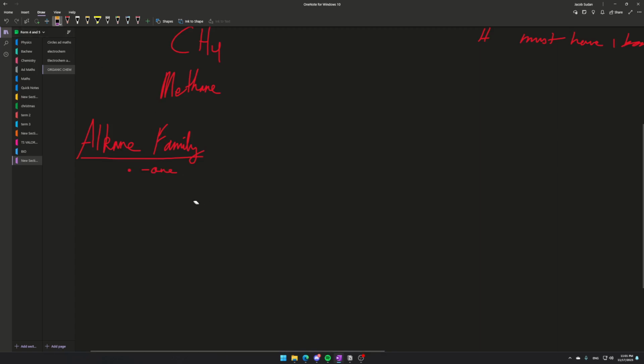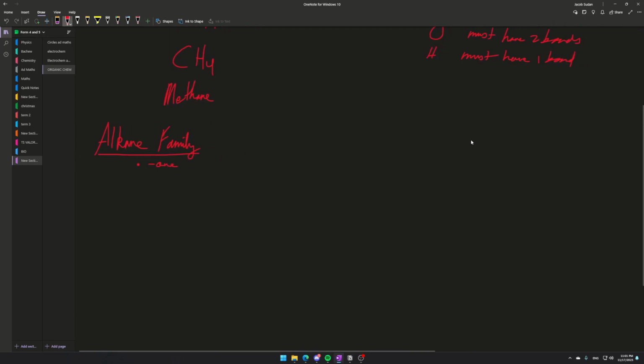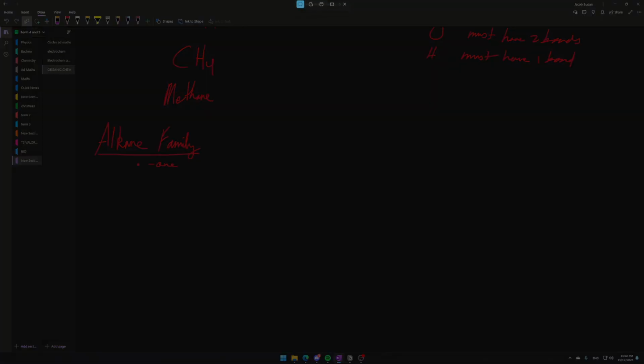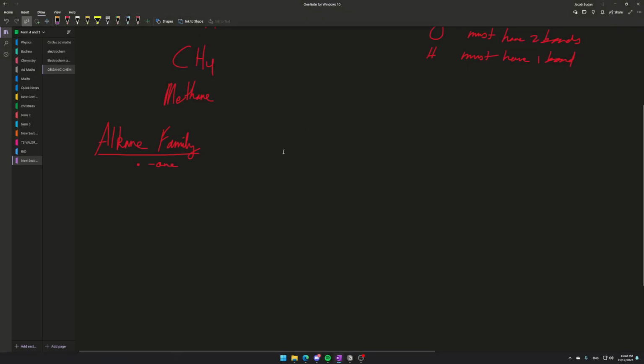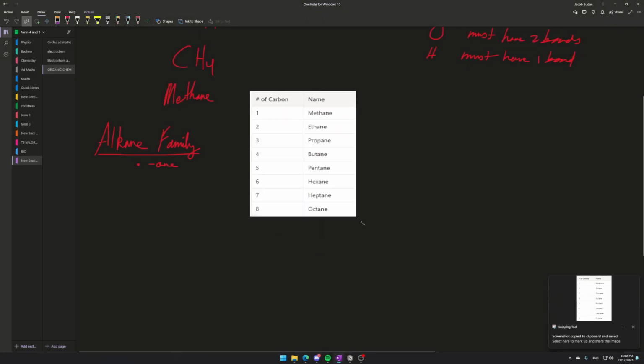But before we go into the alkane family, you need to understand something. There are 8 main prefixes we need to know, which are as follows here in the screenshots.